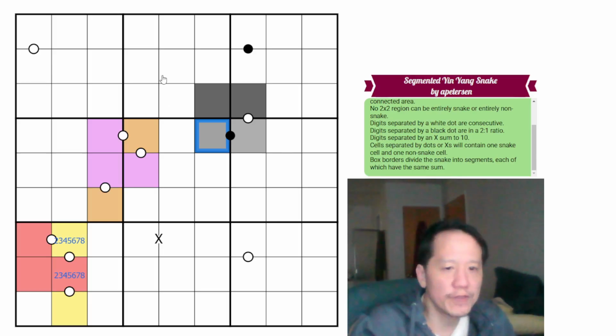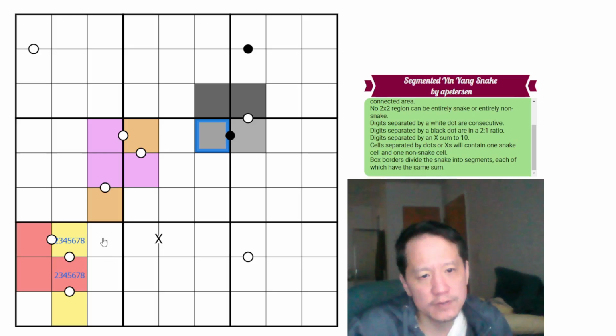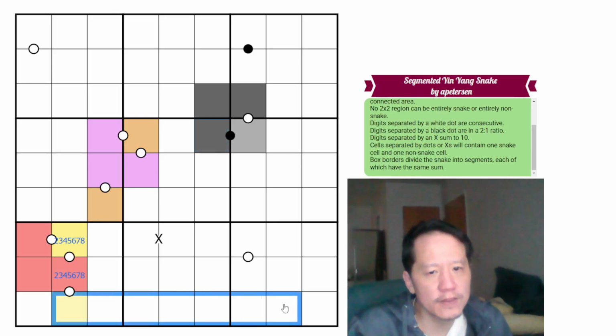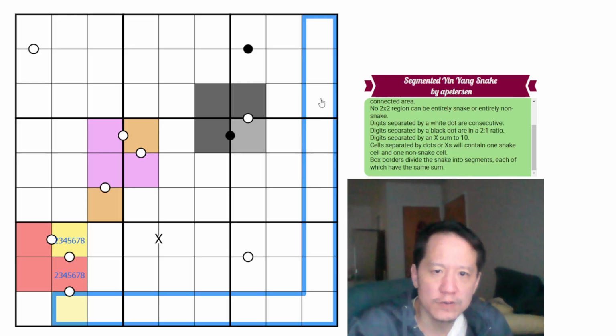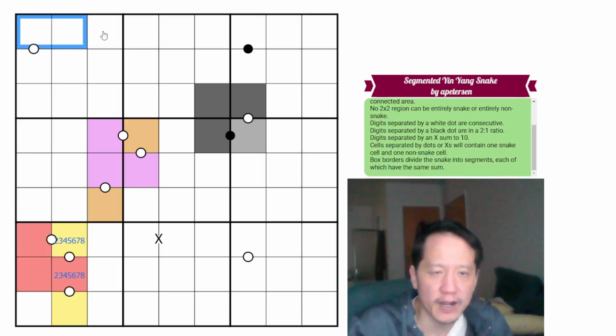Oh, one thing is that for yin yang puzzles, anything on the border, once it swaps colors, you can never change back, right?